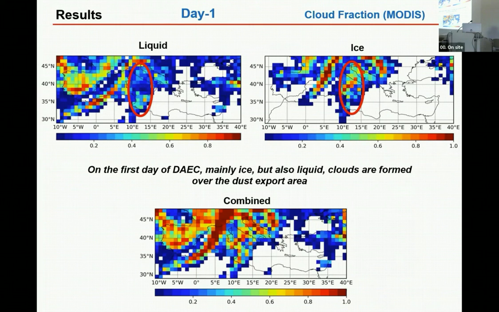Here we present the cloud fraction distributions for liquid and ice clouds, as well as for their combination. And what we would like to highlight is that mixed phase clouds are formed over the dust export area. And specifically, the formed clouds are mainly ice ones.